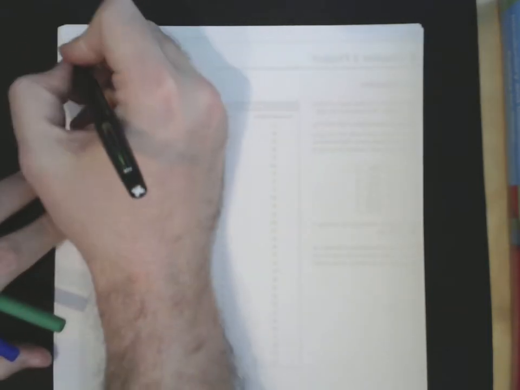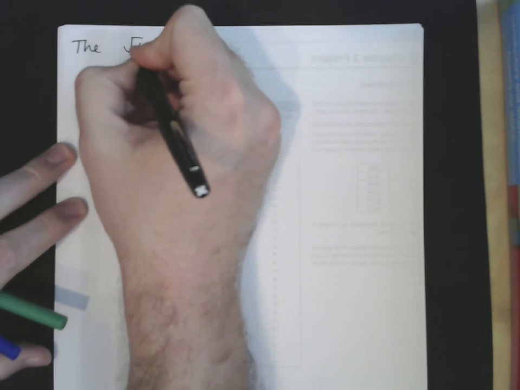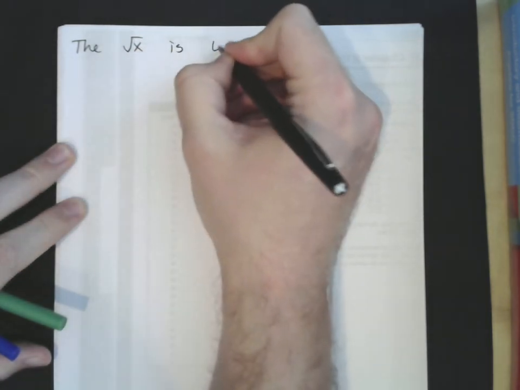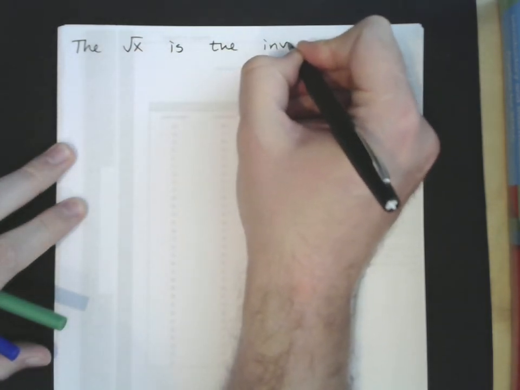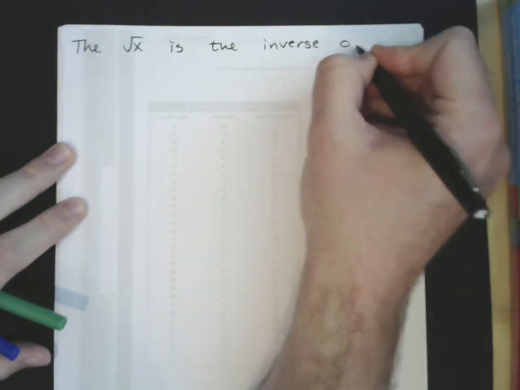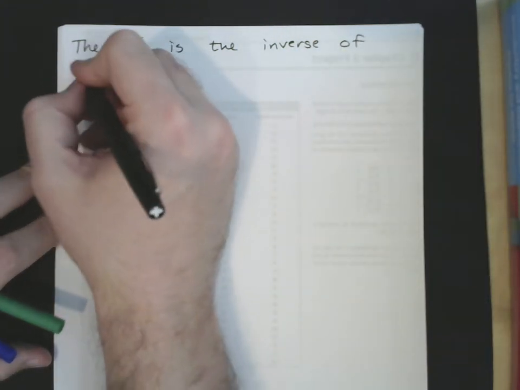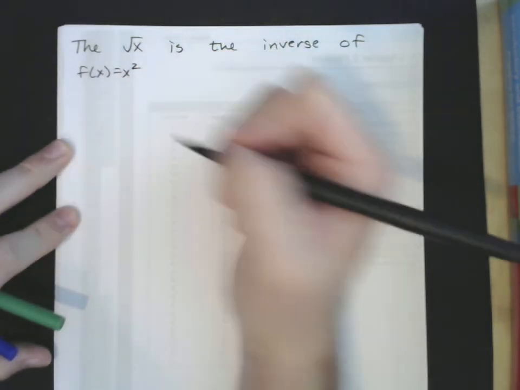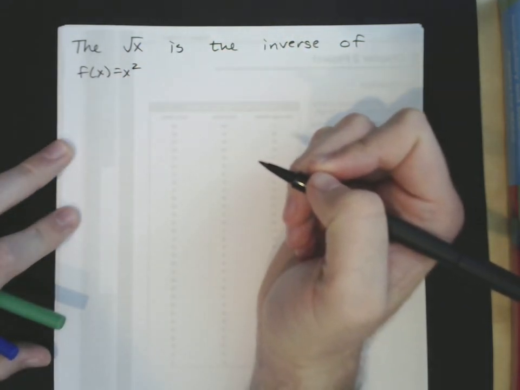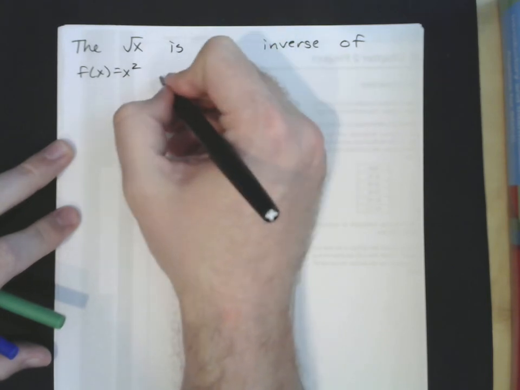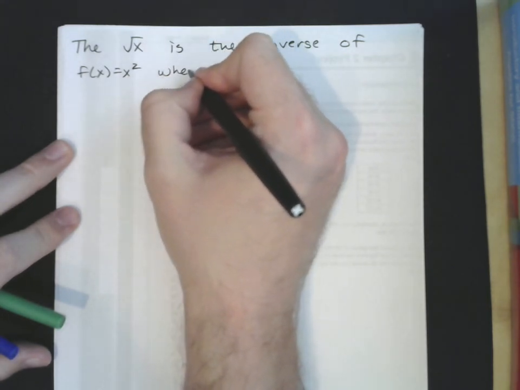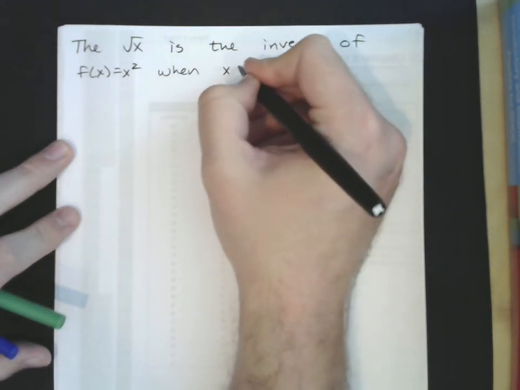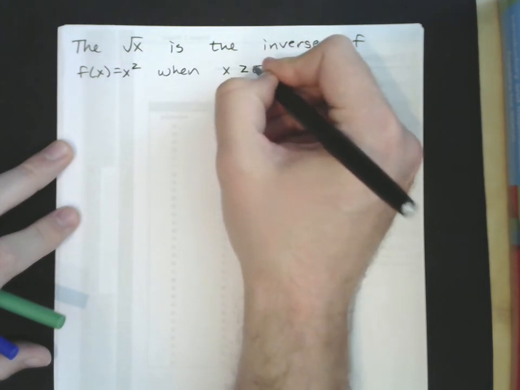So the square root of x is the inverse of f of x equals x squared, with the restriction that x is greater than or equal to 0.